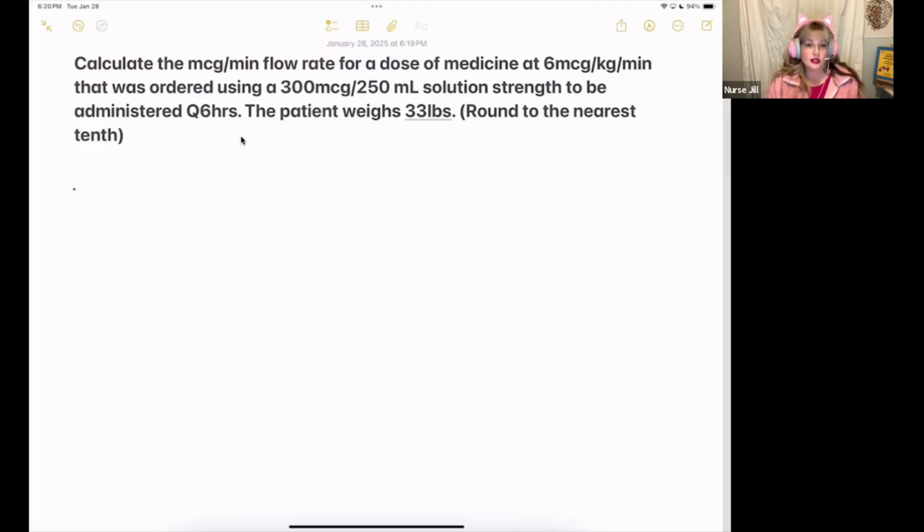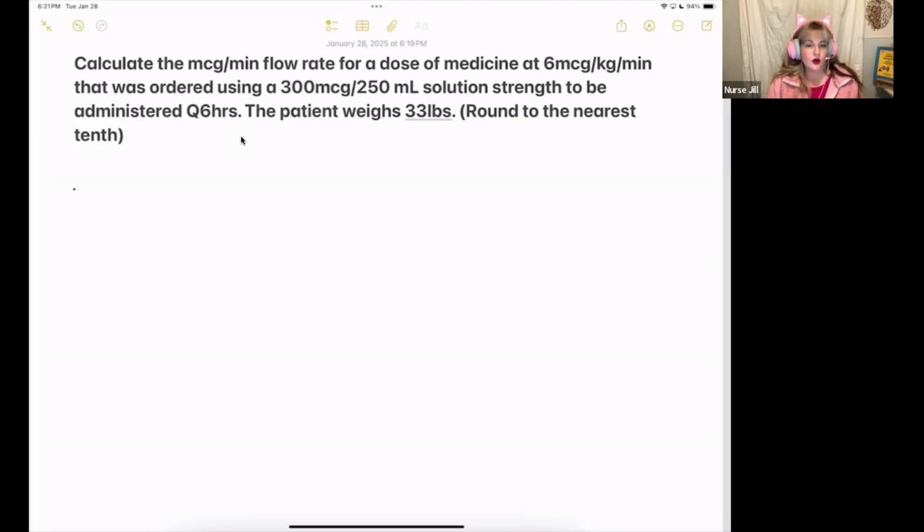So some questions have what they're actually asking you towards the end, but this one we can see is different. It has the word calculate at the beginning, so we know that that is where the labels are that we actually want to set our equation up with. And just like always, we always set whatever we're looking for up to the left of the equal sign.